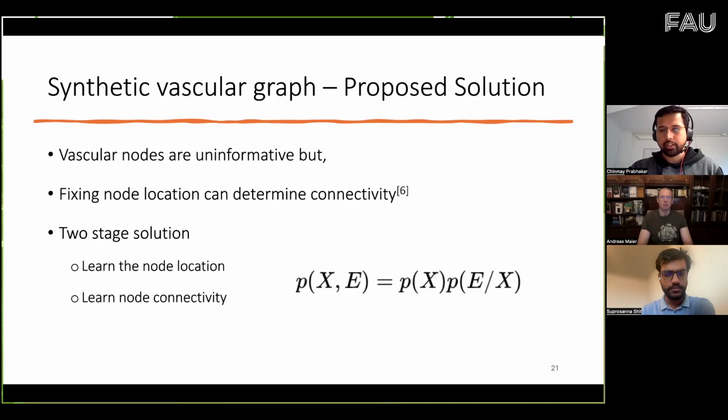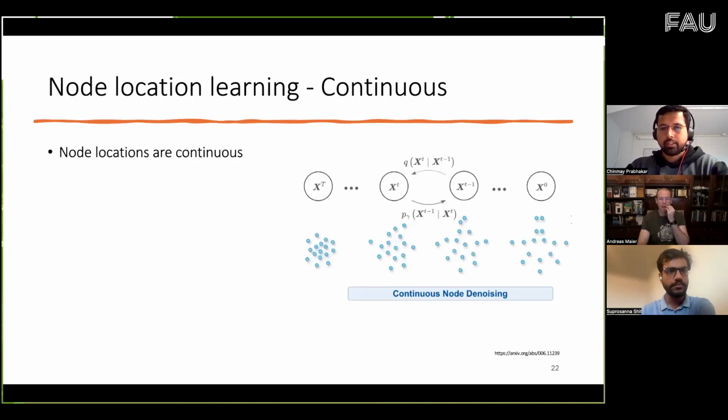Let us take a look at each of these diffusion models in a bit more detail. Starting off with the first diffusion model, which tries to learn the node locations. At this point, we completely ignore the connectivity between the nodes, and what we have as an input are just normal point clouds.